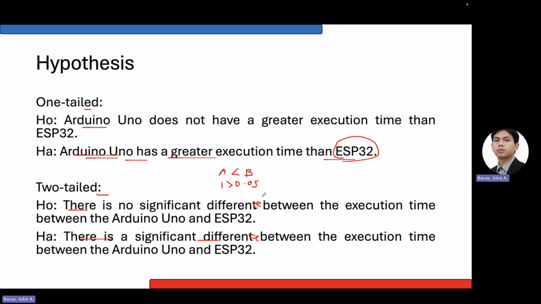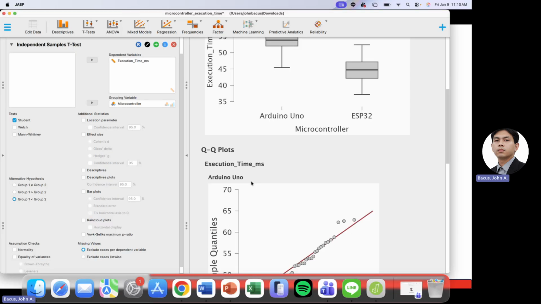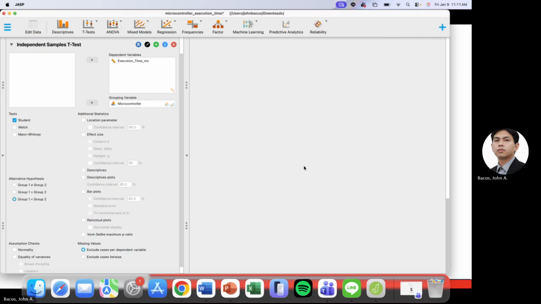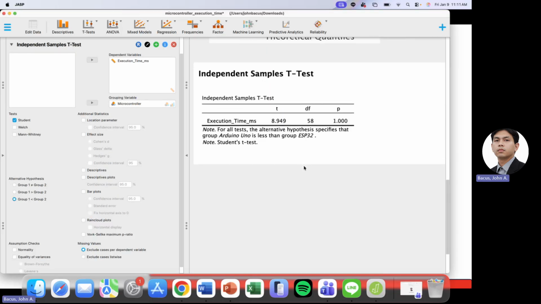Okay, I hope that's clear. So, okay, let us once again using the independent samples t-test. Group 1 is greater than group 2 because we have a one-tailed alternative hypothesis of Arduino Uno greater than ESP32.